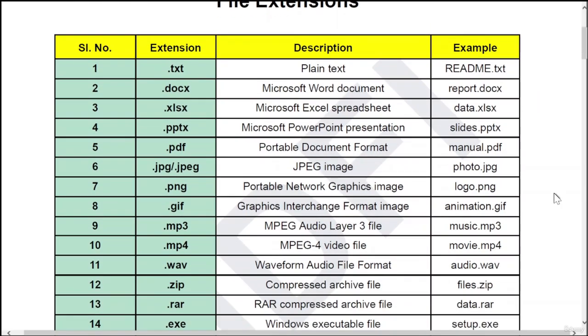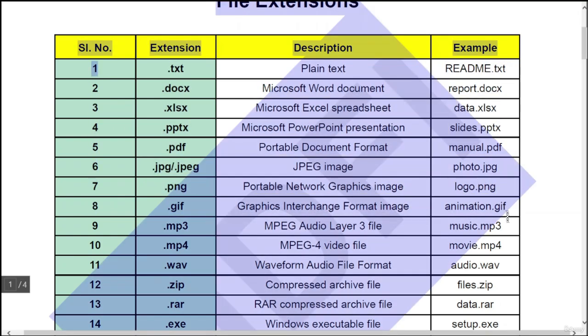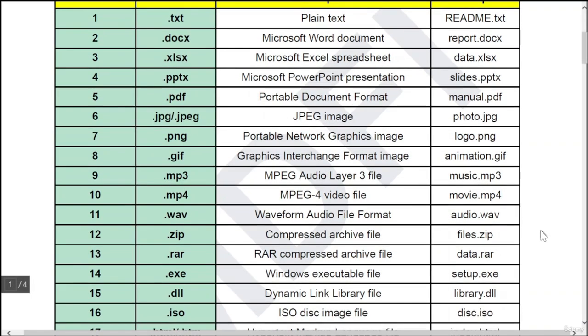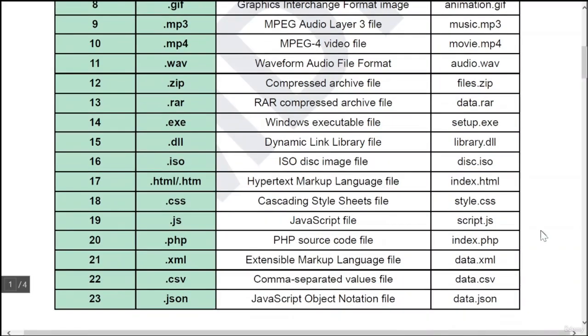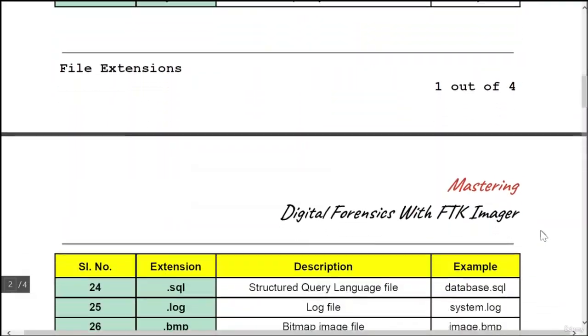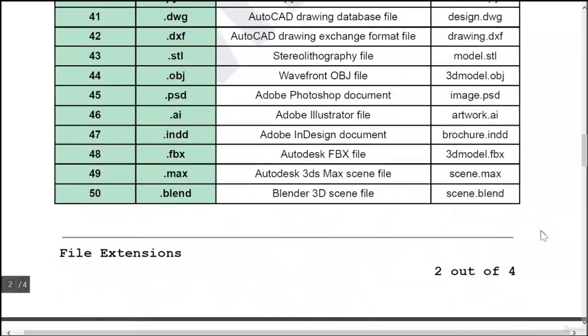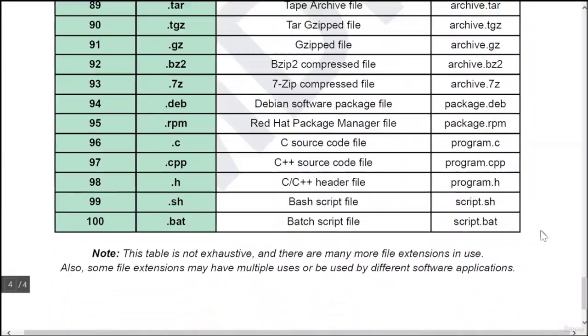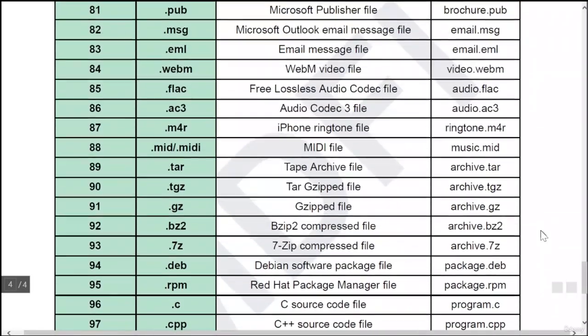We can have a look at these extensions like .txt, which is plain text, and .docx, Microsoft Word document, XLSX, Microsoft Excel spreadsheet, PPT, Microsoft PowerPoint, like that, PDF, JPG, PNG, GIF, MP3, MP4, ZIP, RAR, and even the ISO file, that is the image files, and HTML, CSS, and JavaScript files, JS, PHP, source code, etc. So these are some commonly used file extensions.